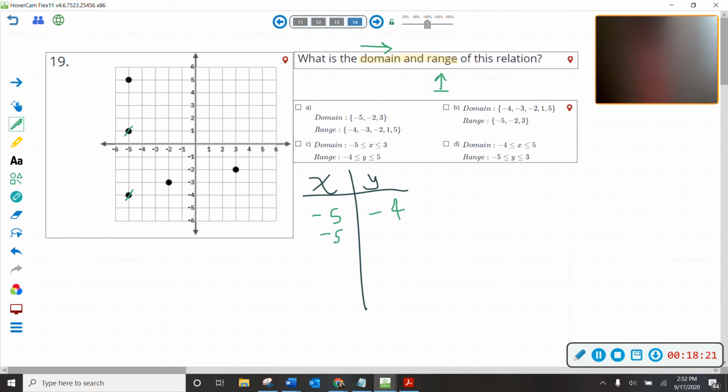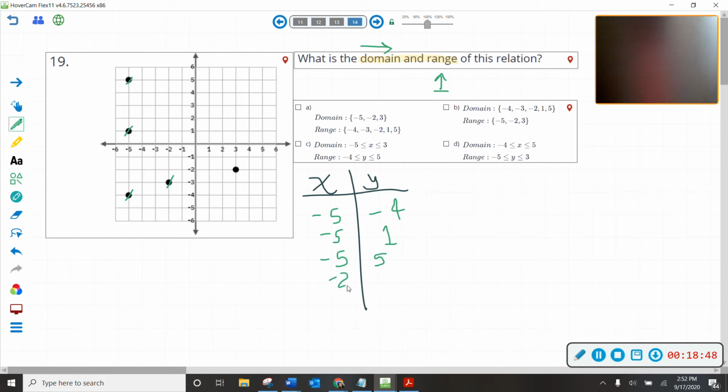Oh, hey. Right off the bat, you guys could tell me function or not a function. Not a function. My X is repeating. And yeah, if I were to do a vertical line test, it would fail right here. So that one's -5 and +5. Okay, let's move on to the next one over here at -2, -3.